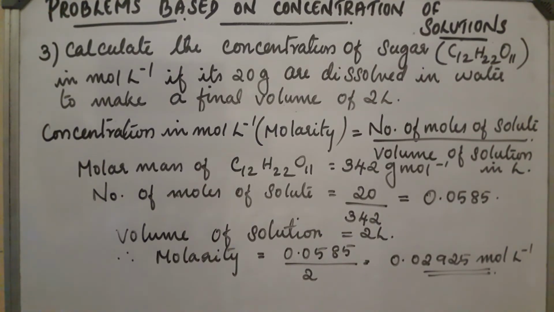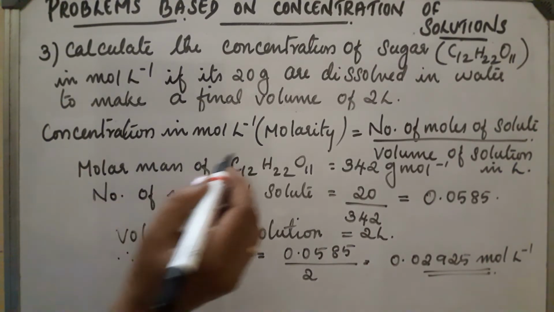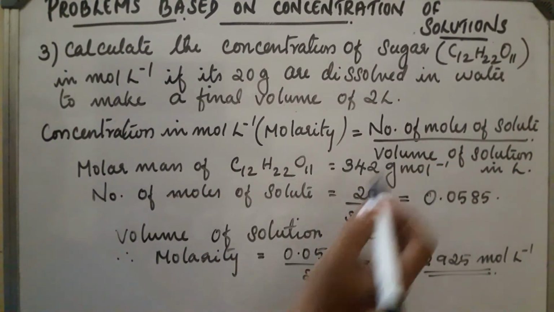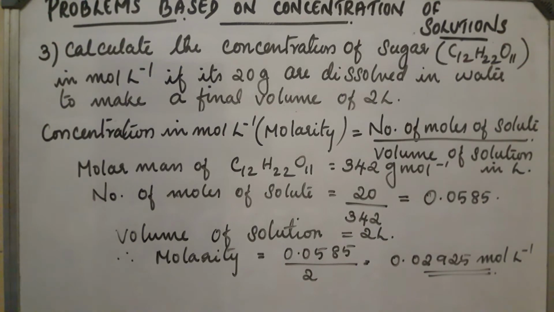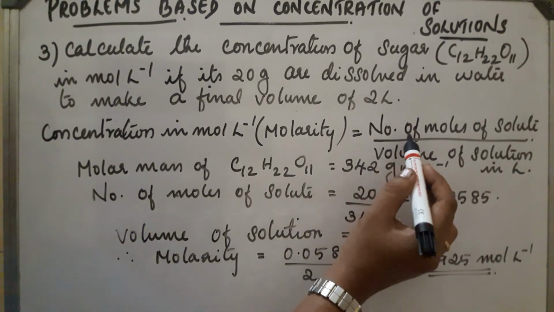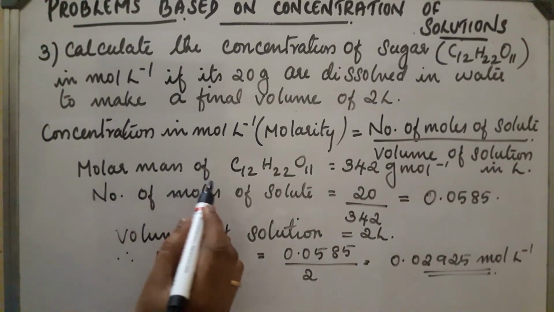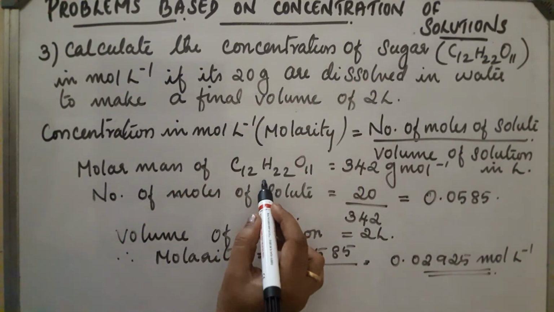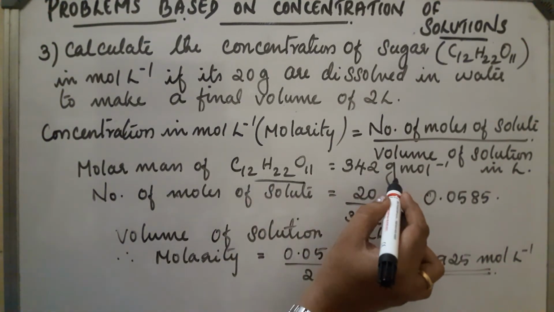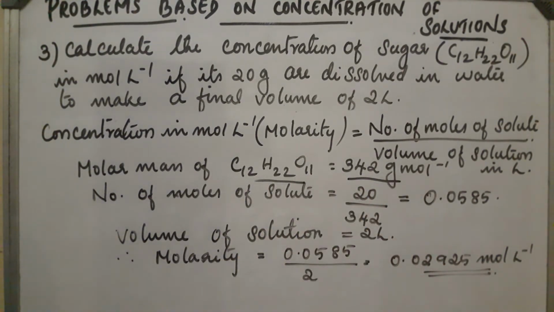Concentration in mole liter inverse means we have to calculate the molarity. Molarity is the number of moles of the solute divided by the volume of the solution. To find the number of moles, first we must know the molar mass of sugar, C12H22O11, which is 342 gram mole inverse.